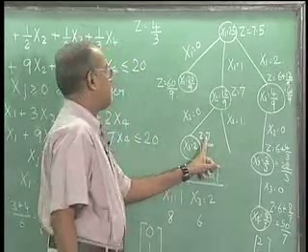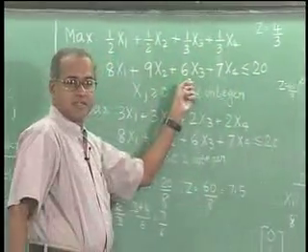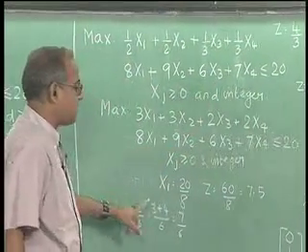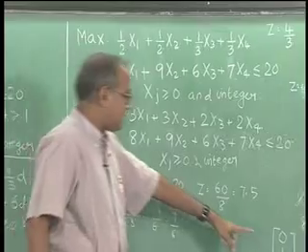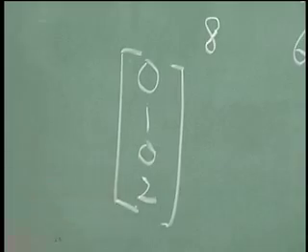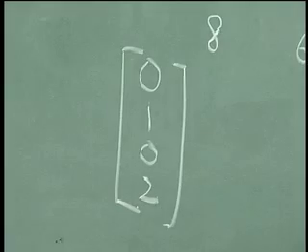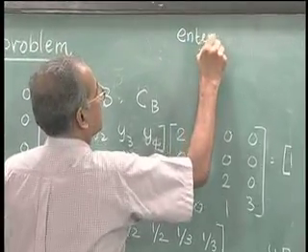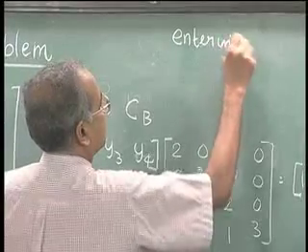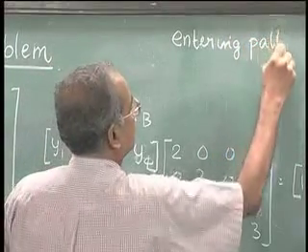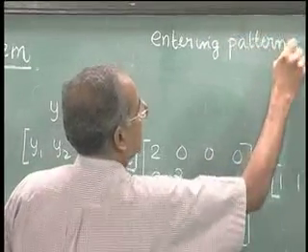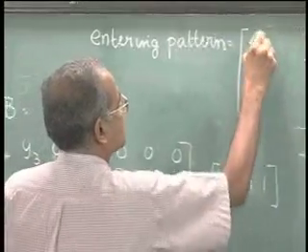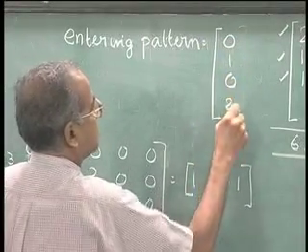So we have multiplied it by the LCM, which is 6, therefore we get the same 7 by 6. Therefore, this pattern 0 1 0 2 enters the basis. So, we now say entering pattern is equal to 0 1 0 2 from here.